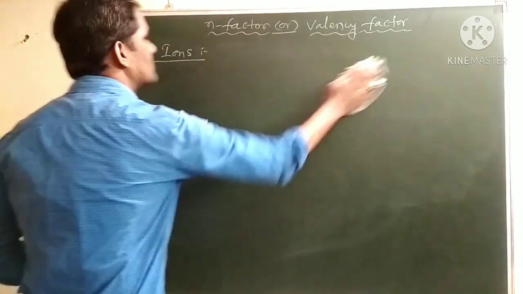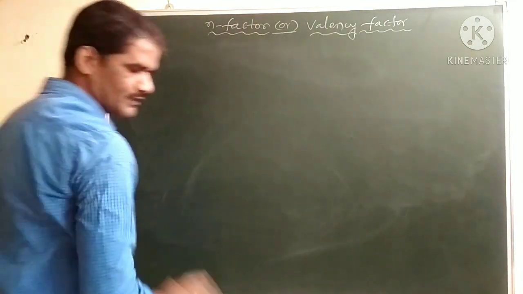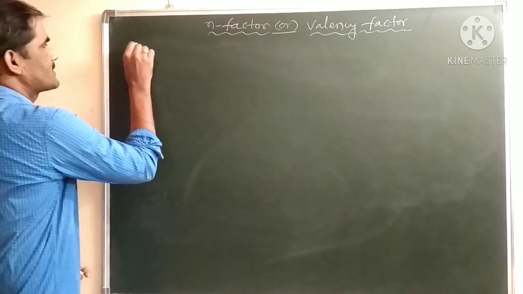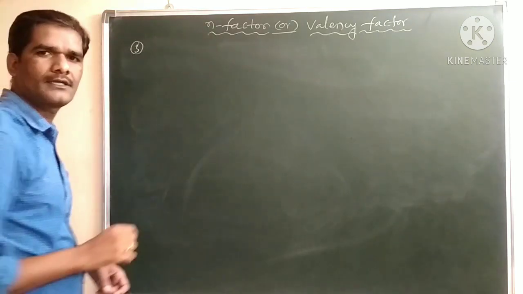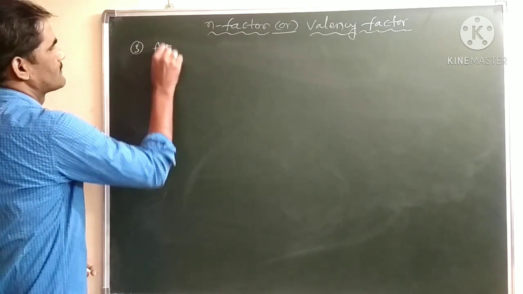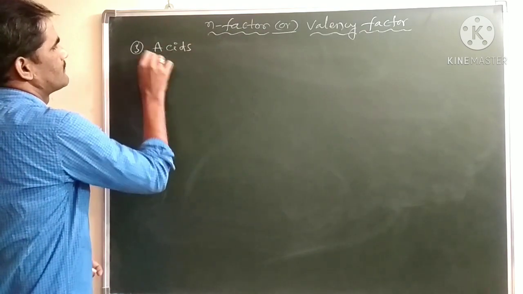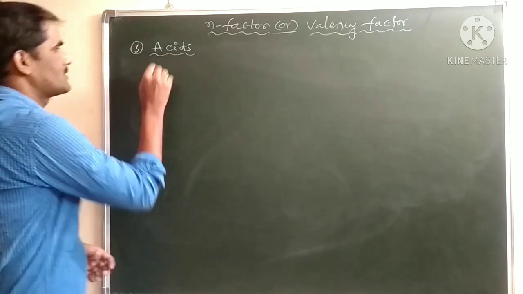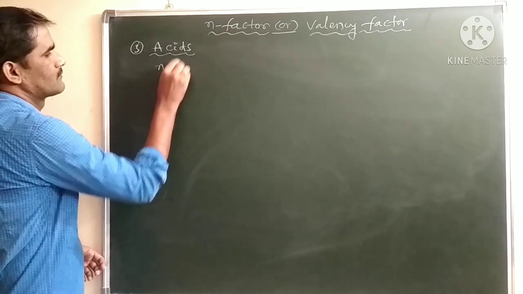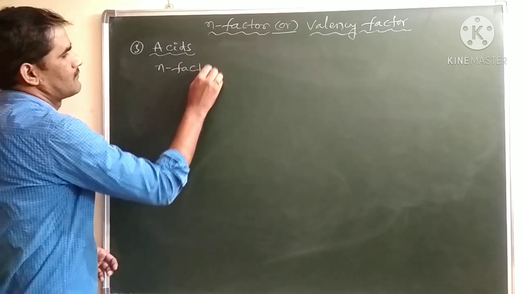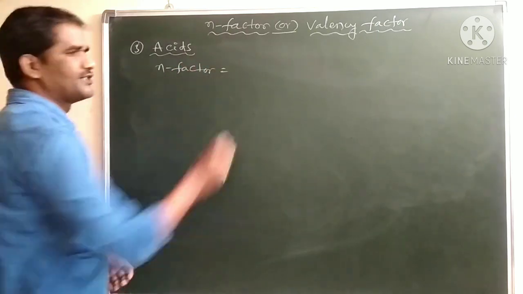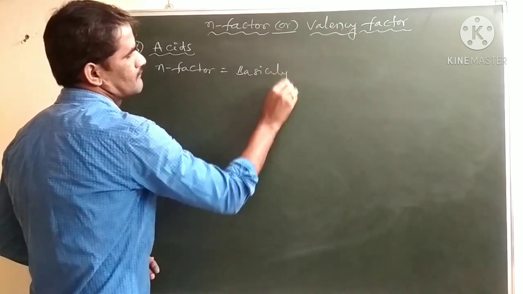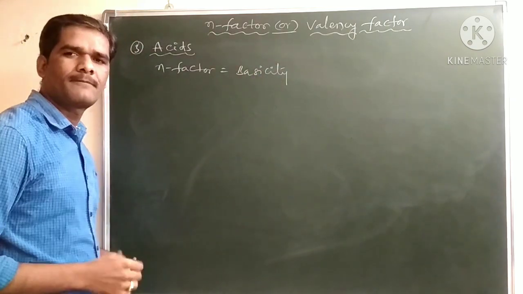And the next, as we discussed earlier, N factor for acids and bases. In the third case, calculation of N factor for acids. For acids, N factor is equal to its basicity. So what is the meaning of basicity?